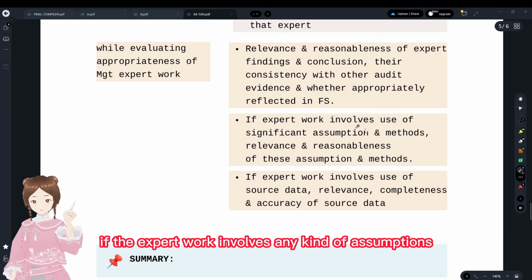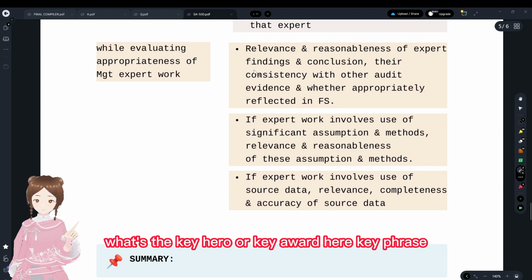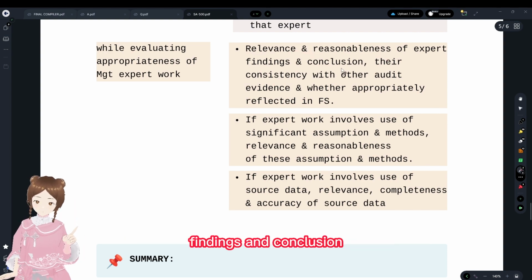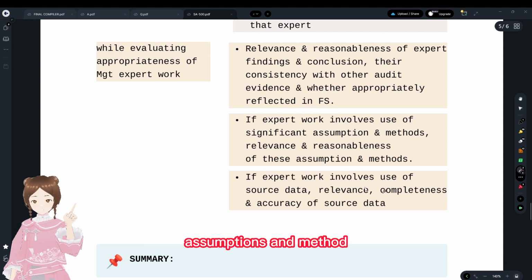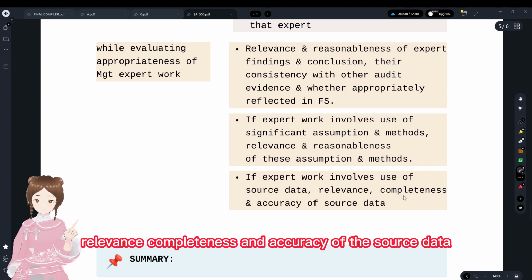Okay, if the expert's work involves any kind of assumptions, the relevance and reasonableness of the assumptions and methods. What's the key word or key phrase here? Relevance and reasonableness. If the expert's work involves any source data, relevance, completeness, and accuracy of the source data.